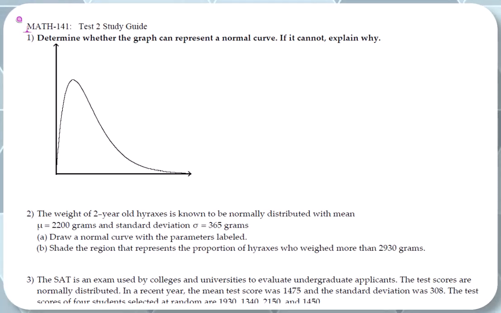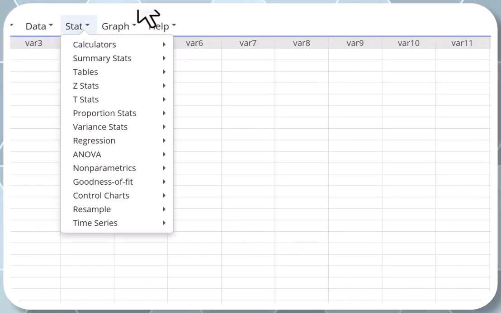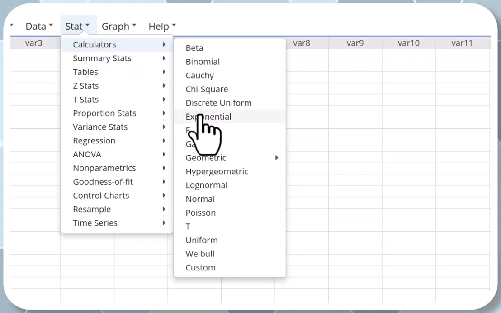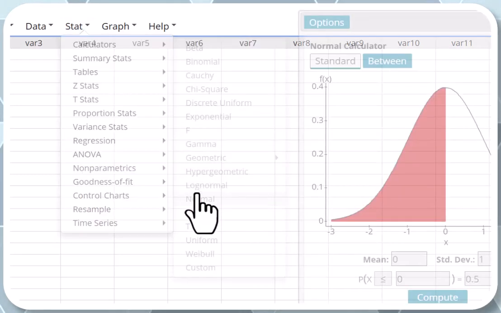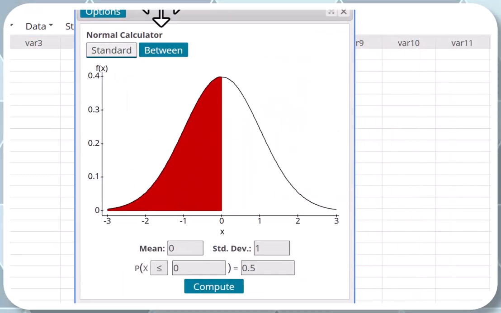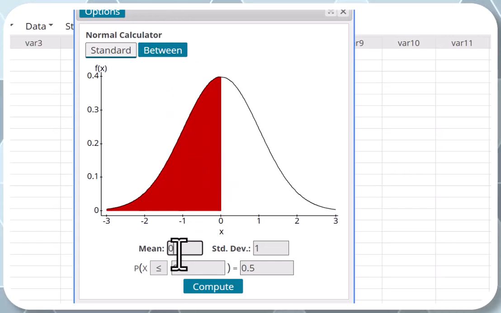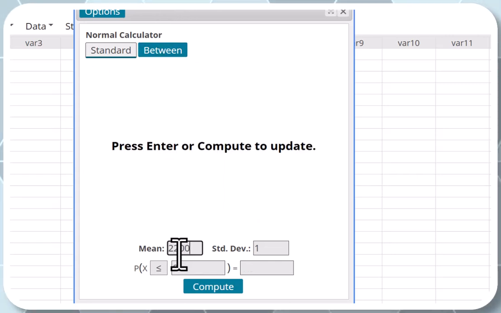Number 2. The weight of 2-year-old hyraxes is known to be normally distributed with a mean of 2,200 grams and a standard deviation of 365. Draw the normal curve. Let me show you how you can do that using StatCrunch. So you go to calculators, normal, go, mean is 2,200, standard deviation is 365.